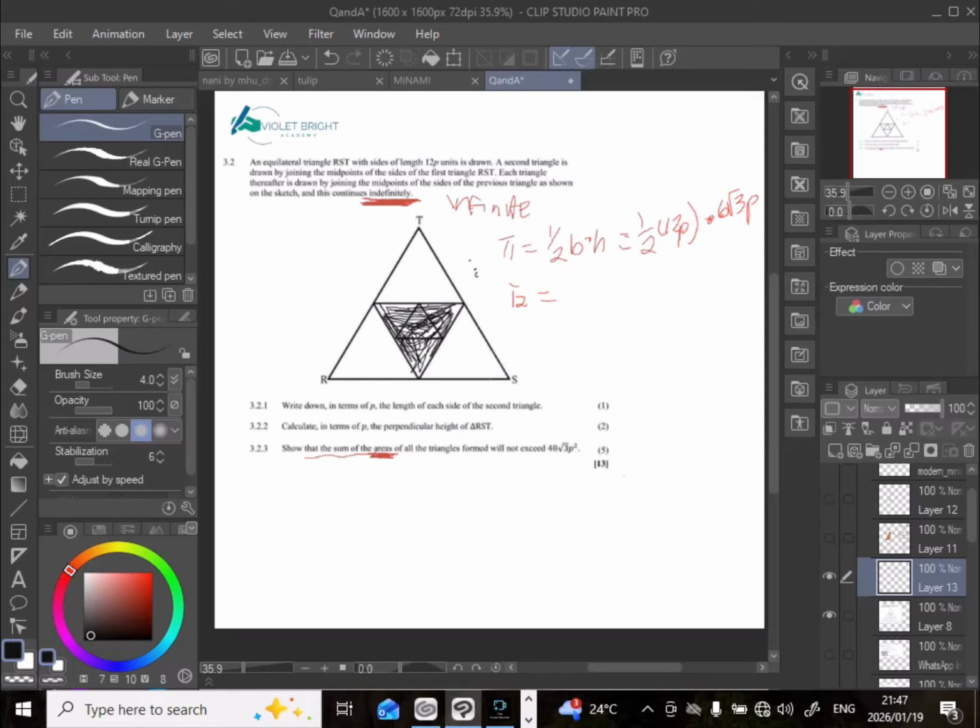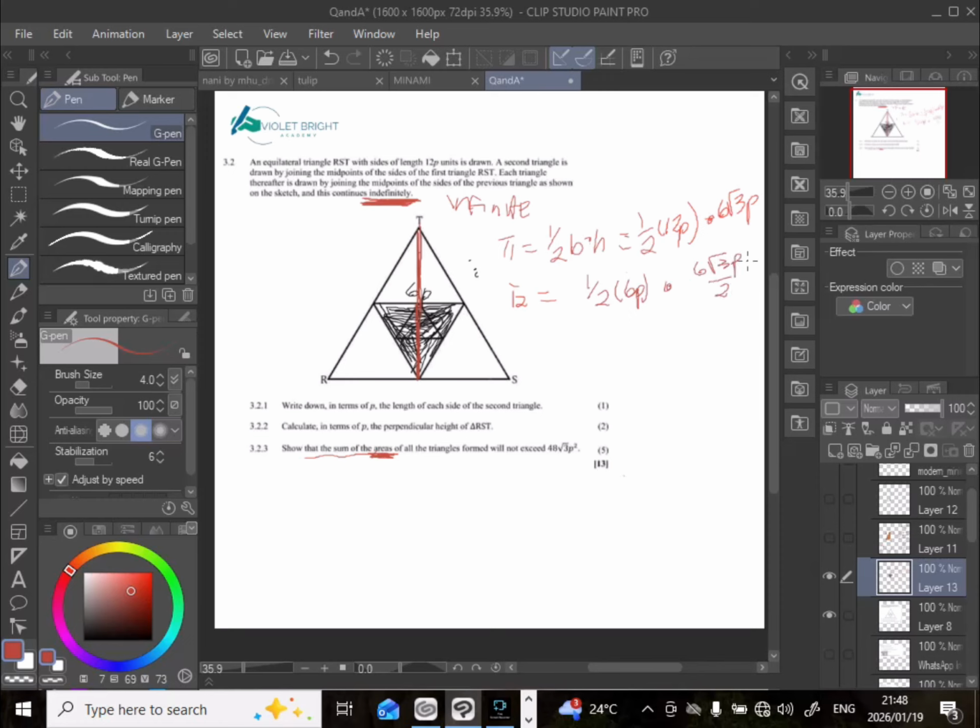We know the base here is 6, and the perpendicular height of this triangle equals half of that of the bigger triangle. So it's half base, which is half of 6p, multiplied by 6 root 3 p over 2.